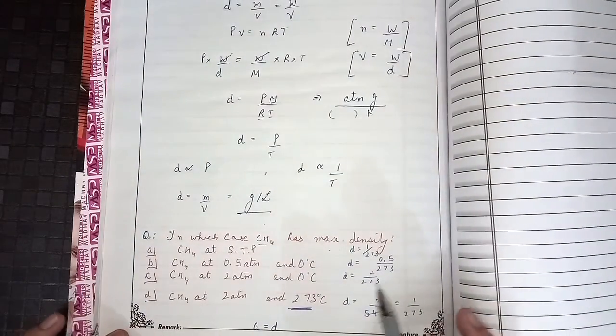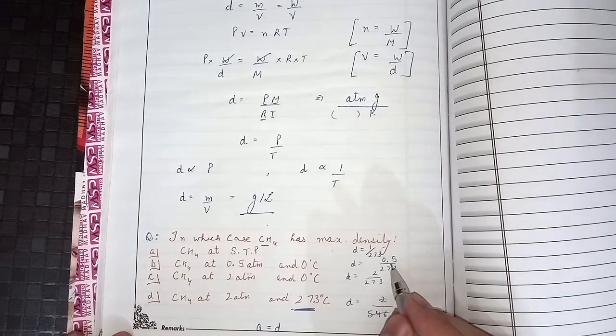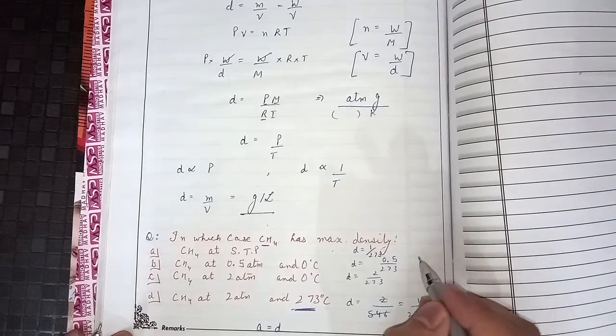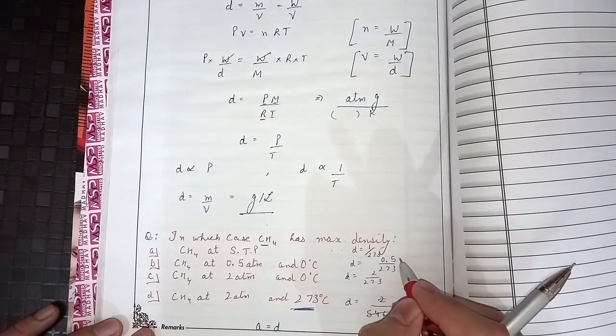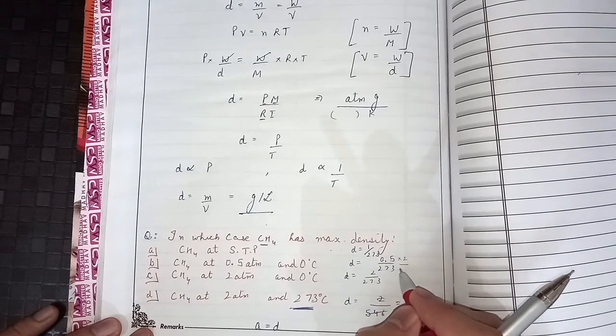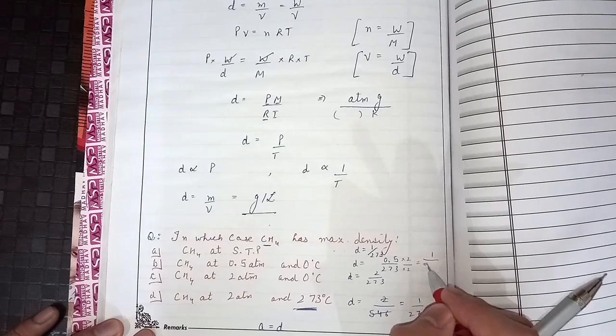In case of C, we have 2 over 273 and in the other case 0.5 over 273. To make it easier, we'll multiply that case by 2 in both numerator and denominator, so it will become 1 over 546.